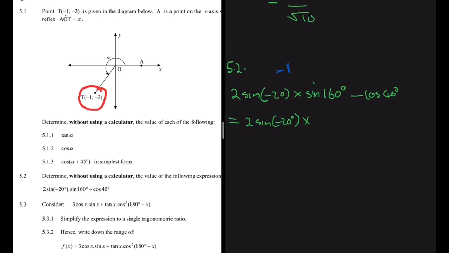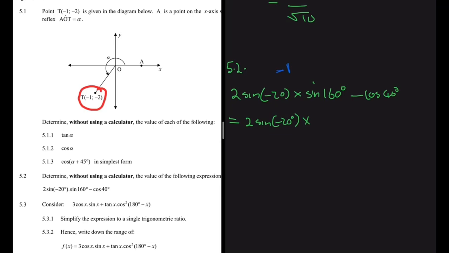So we've already seen that we cannot do anything to sine of minus 20 degrees. And we need minus 1 some way, somehow. So if we could get minus 1 and minus 2 sine of minus 20, we're going to have our answer as minus 1, right? So we need to take everything else and push it towards 1 and sine of minus 20, right? That way, we are getting close to our answer of minus 1.